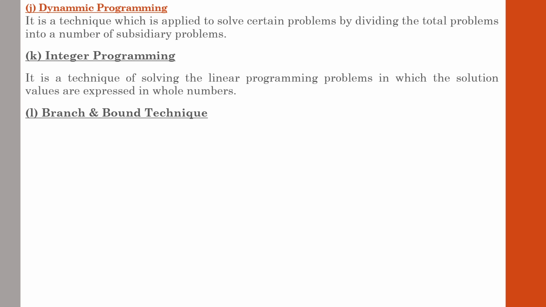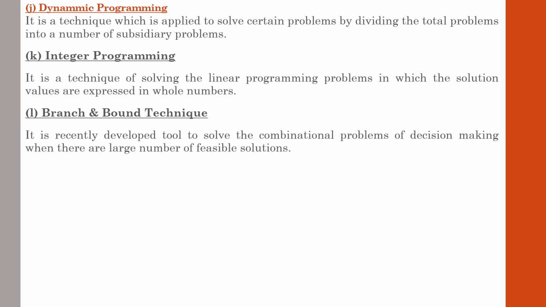Next one, branch and bound technique. This is a recently developed technique which is designed to solve combinational problems of decision making where there are a large number of feasible solutions. For example, let the combination problems be problem of plant location, problems of traveling salesman, and problem of determining minimum cost of production.